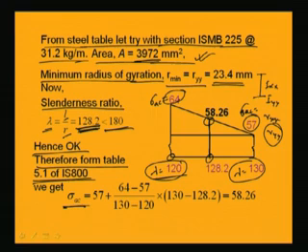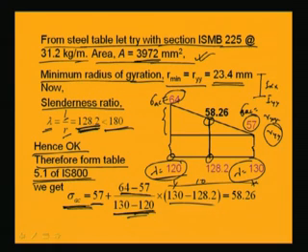So, sigma AC will become 57, which is at 130, plus the difference of sigma AC, that is 64 minus 57, divided by the difference of lambda, that is 130 minus 120, which is 10, into 130 minus 128.2. After calculating this, the value of sigma AC is 58.26 MPa.